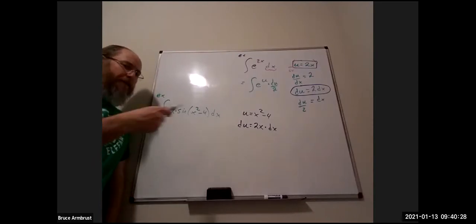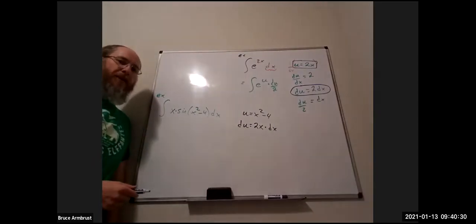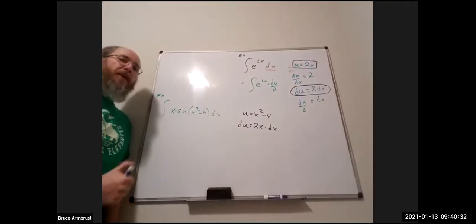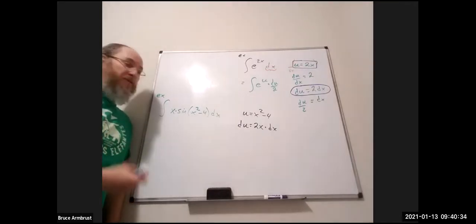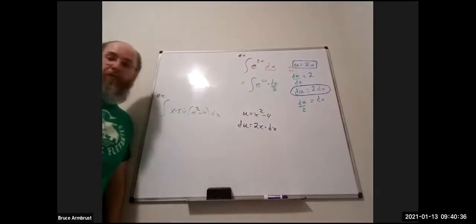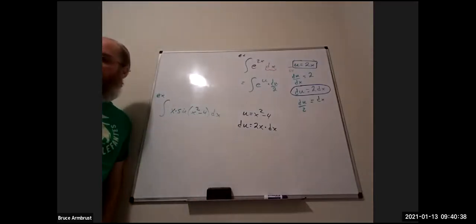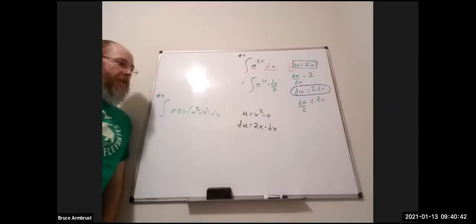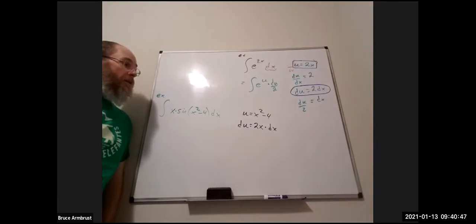If you go back to last quarter, go back and look in volume 1 of the calculus book, you'll see the section on differentials. We did this trick all the time. So we're going to save ourselves a little bit of time, a little bit of effort by jumping right in and just doing that. Okay, so this is what du is equal to.